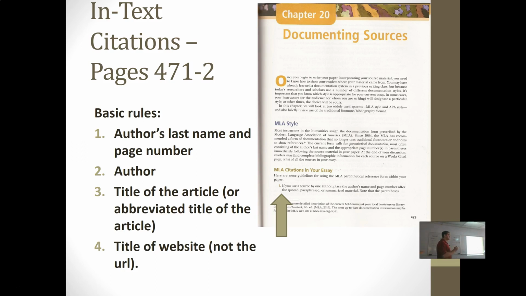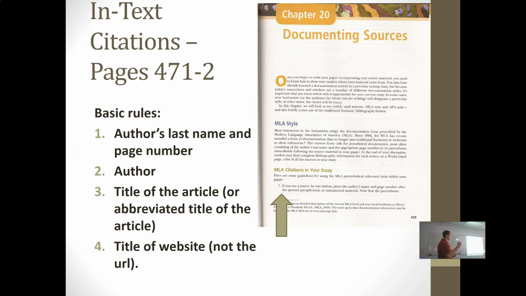Okay, so let's talk about the basic rules of in-text citations. As a refresher from 101, you have to cite the source in 2 places. Where are those 2 places? In the text, after every sentence that comes from a work outside of your own.